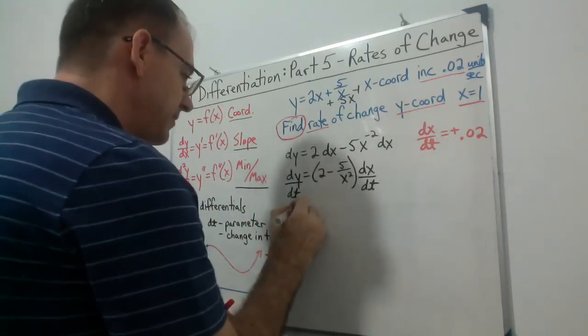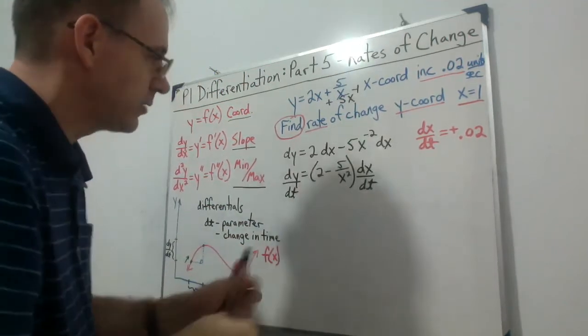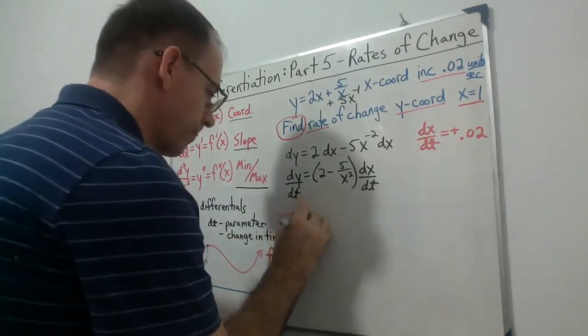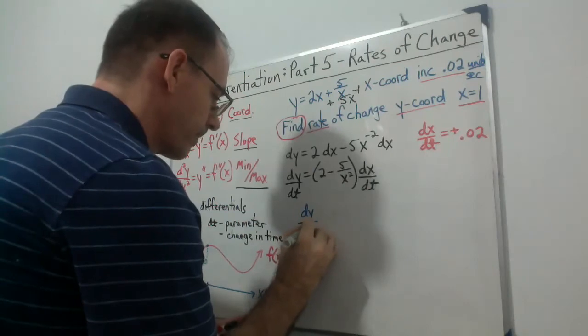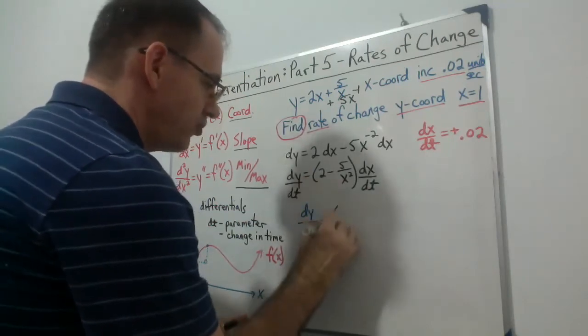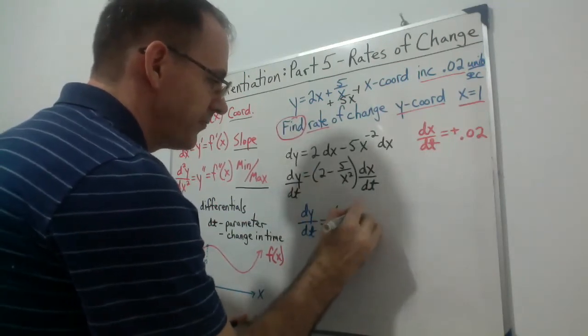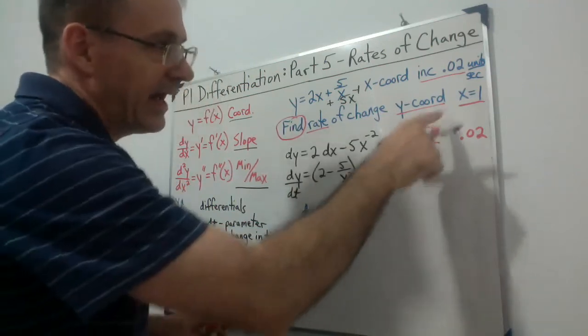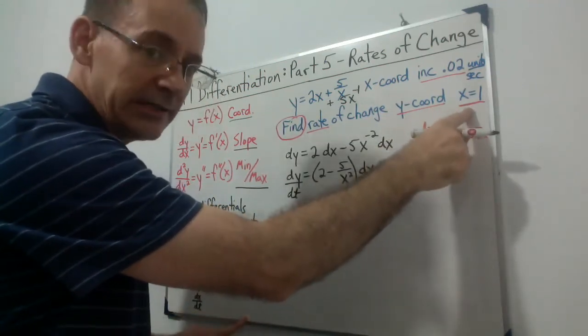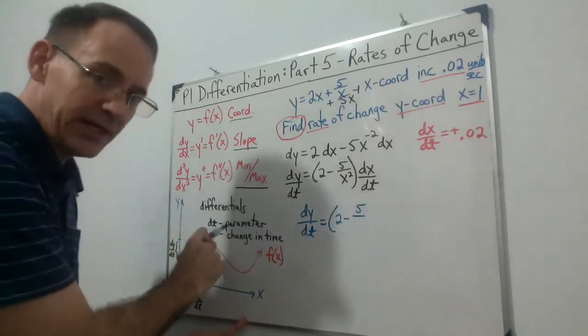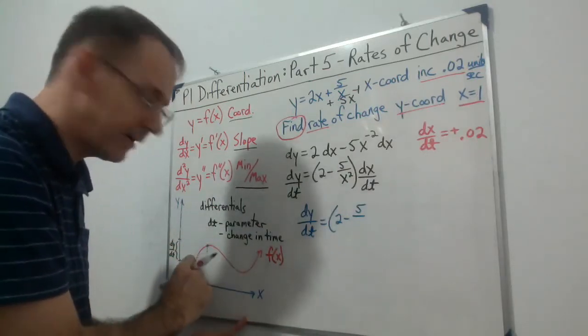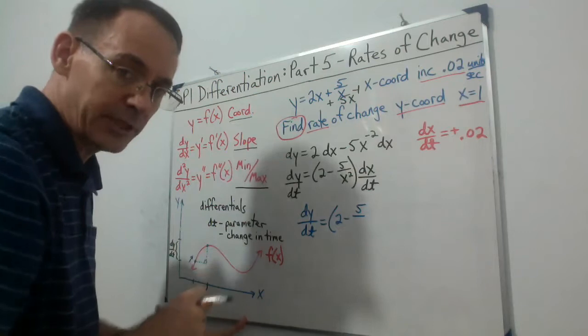So dy dt is going to equal 2 minus 5 over, and it asked us for at the point where x equals 1. So remember, the rates of change can be different along different parts of the curve.